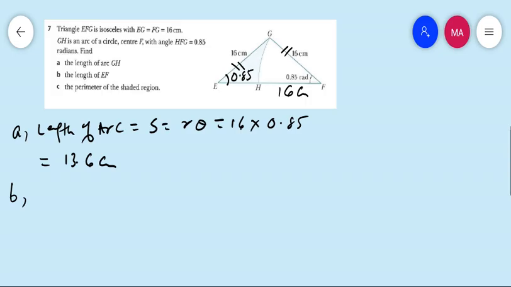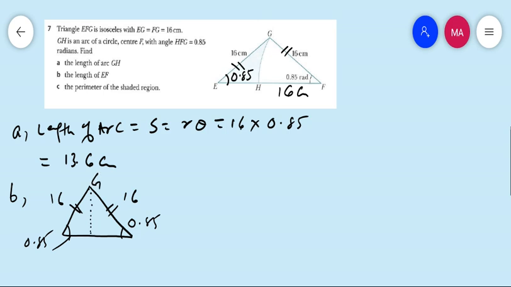Yes, fine. How? It's very easy. Take an isosceles triangle again, this is 16, this is 16, this is 0.85, this is also 0.85, and if we drop a perpendicular, this one, this is G, this is E, and this is F, and this angle is 90. Now take a right angle triangle.